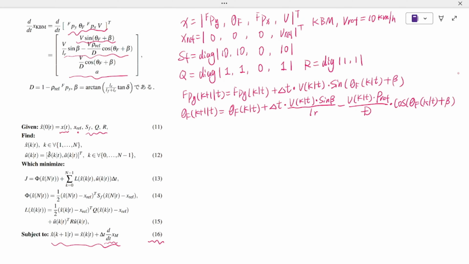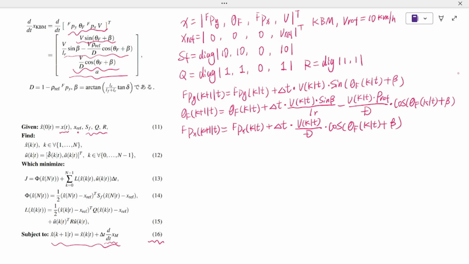Okay. Next is fpx k plus 1 given t equals fpx k given t plus delta t times this equation, v k given t over d times cosine of theta f k given t plus beta.